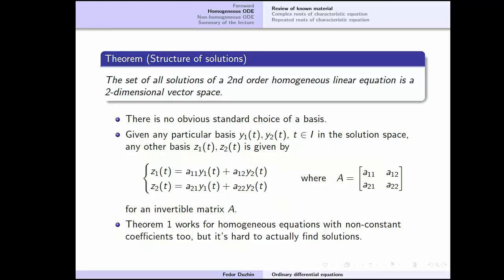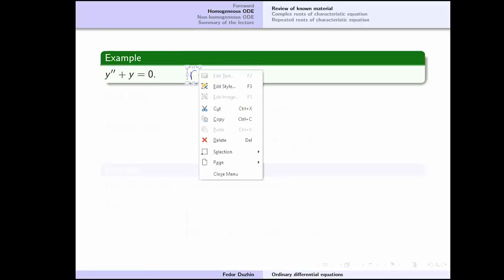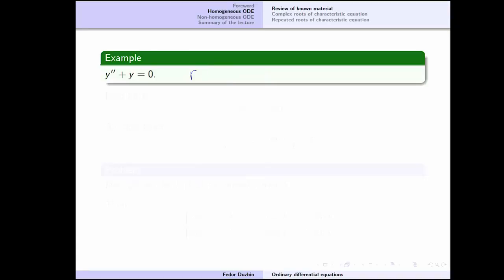Okay, so let me give you an example now. This is an example of a homogeneous equation with constant coefficients. If you write down the corresponding characteristic equation, it's going to be r squared plus 1 is 0.